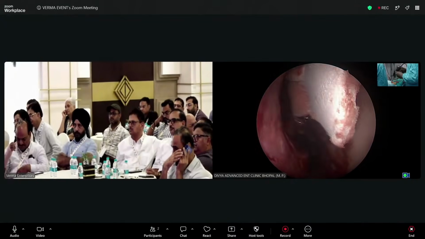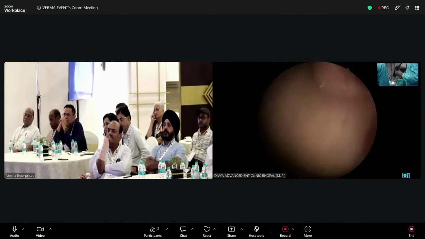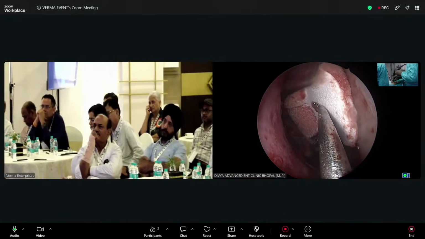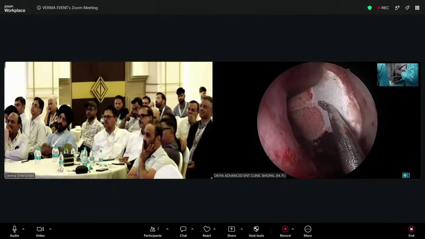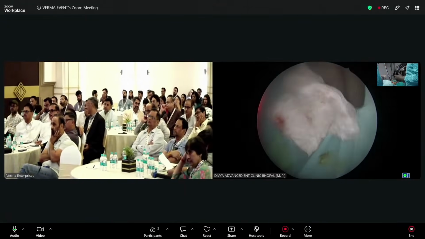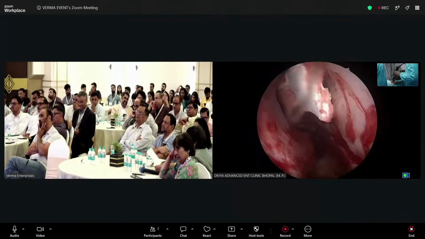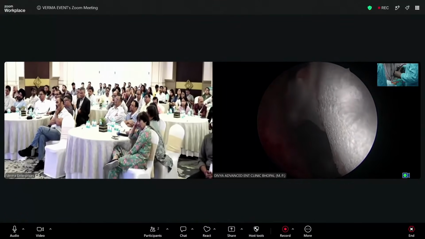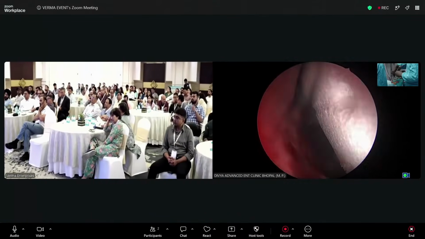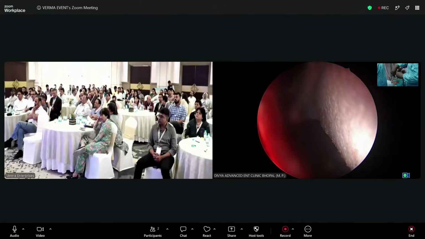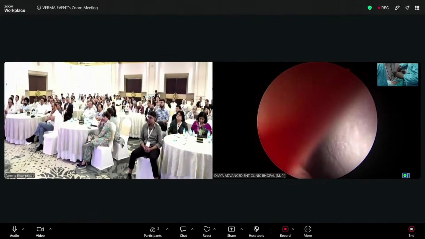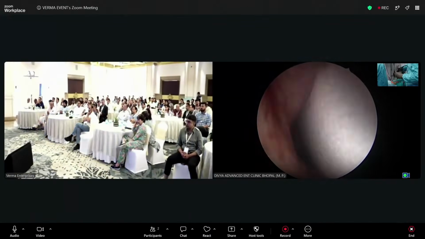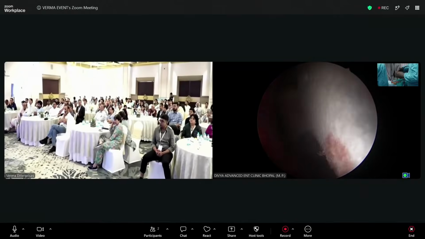0 degree. See now, this will keep the entire skull base pressed like this. So I will keep it pressed with a vertical merocel. See this?